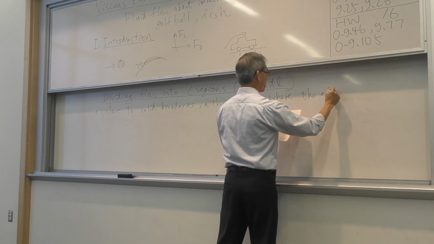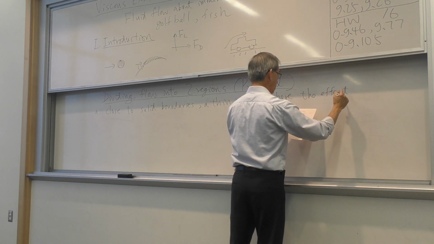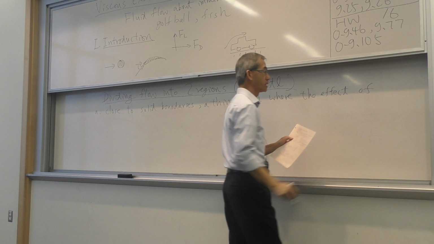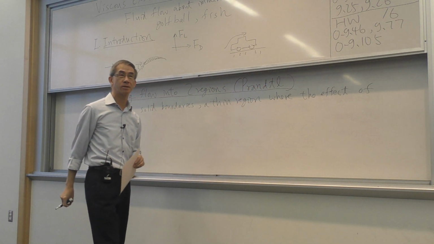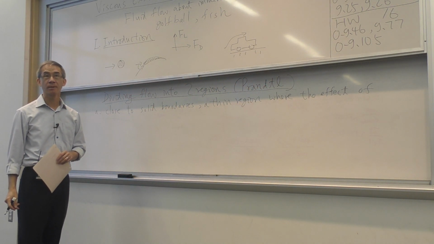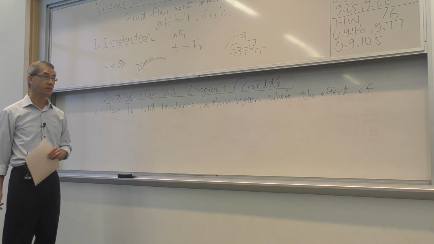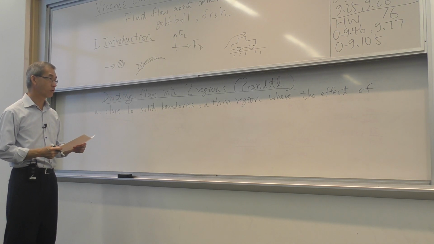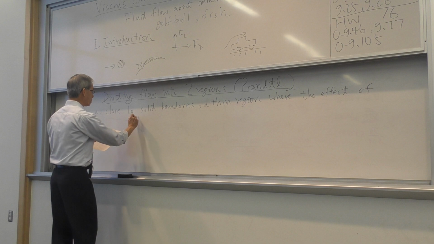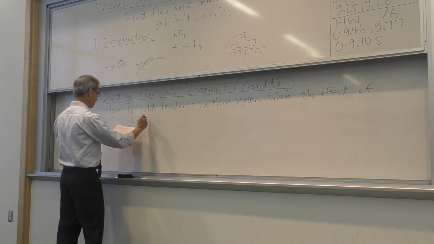On the hood of an automobile moving at 60 miles per hour, this boundary layer is a tenth of an inch by the time it hits your windshield. That's your homework. So we call it a very thin layer.